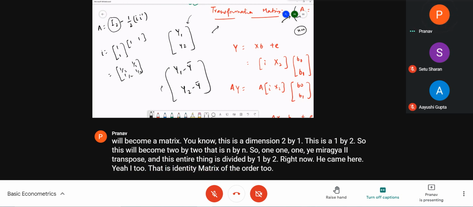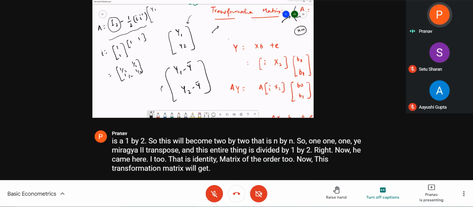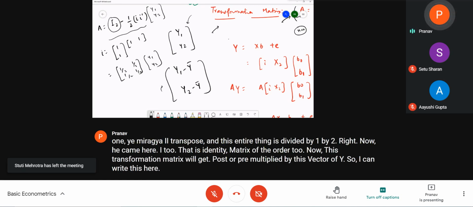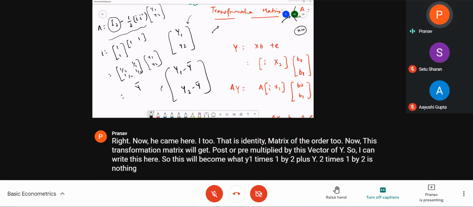Now this transformation matrix gets multiplied by this vector of y. So this becomes y1 times 1 by 2 plus y2 times 1 by 2, which is nothing but y bar: y1 plus y2 by 2 is your y bar.